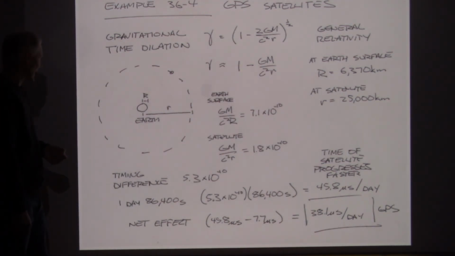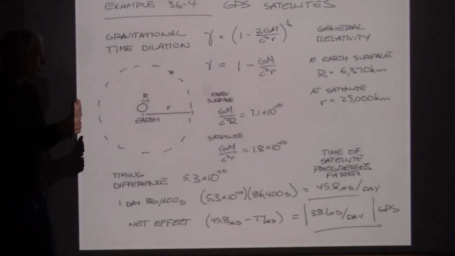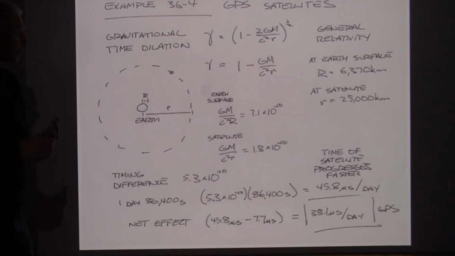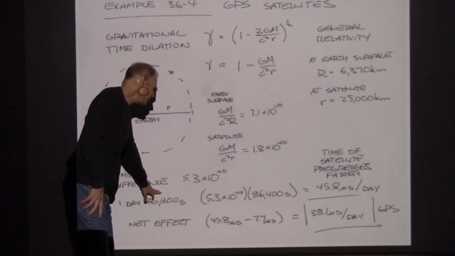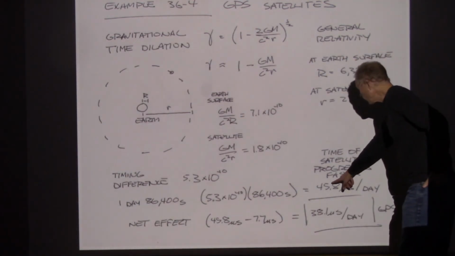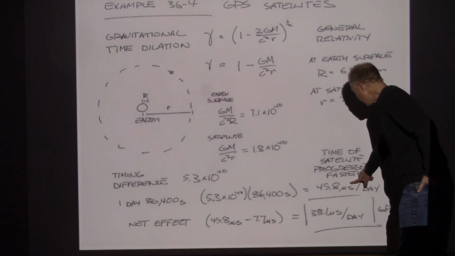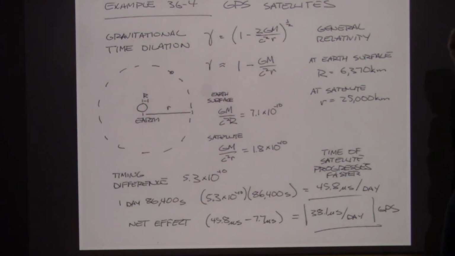We can look at timing differences due to special relativity and due to general relativity, and it turns out that with this gravitational effect, that's working out to be 45.8 microseconds per day, but that's going to be longer.